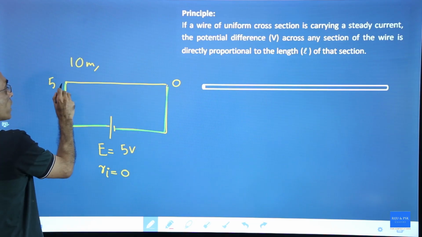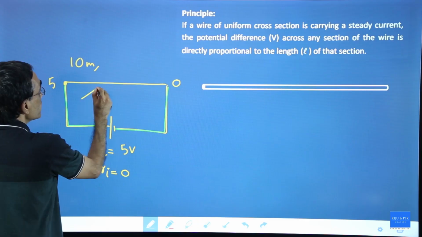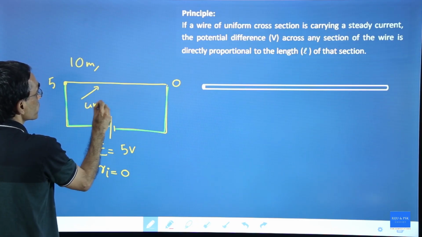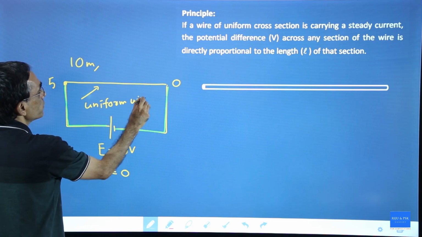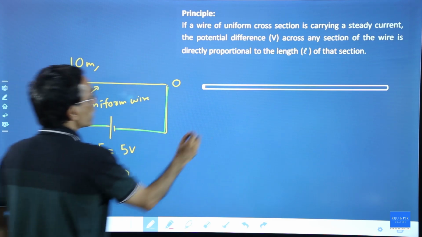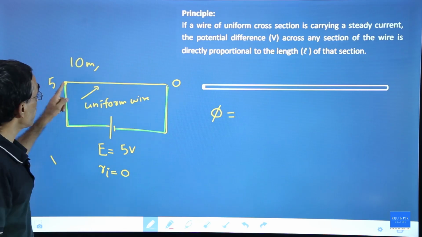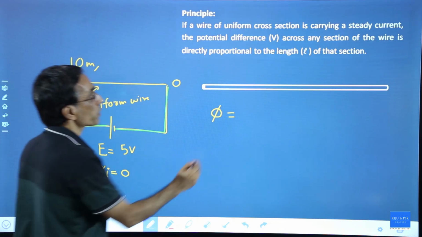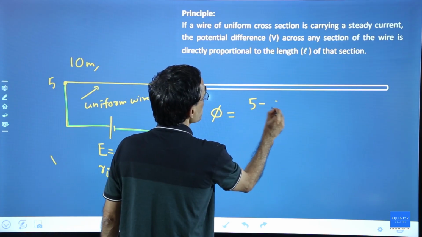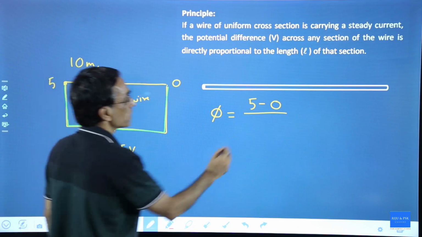Right. So, what is the potential difference between one end and the other? This is your uniform wire. So, what is the potential gradient phi? How to find it? You take the potential difference, 5 minus 0, divided by the length of the wire. What is the length of the wire?